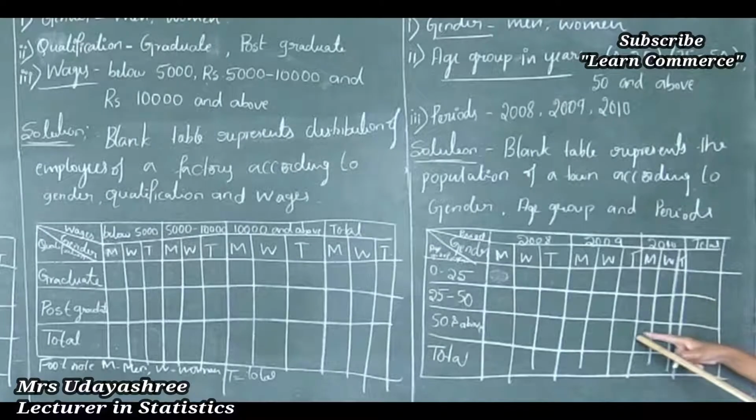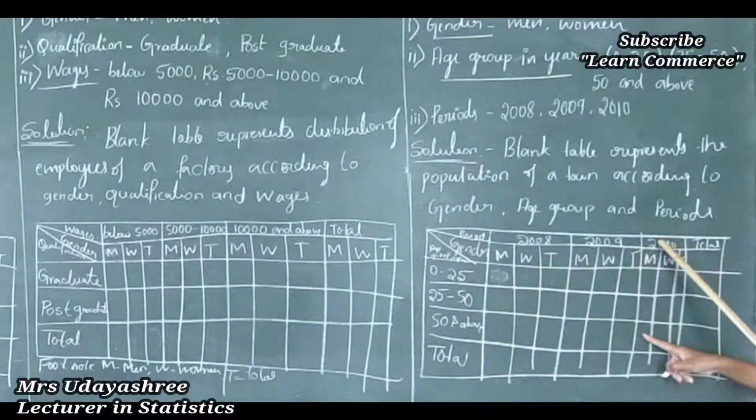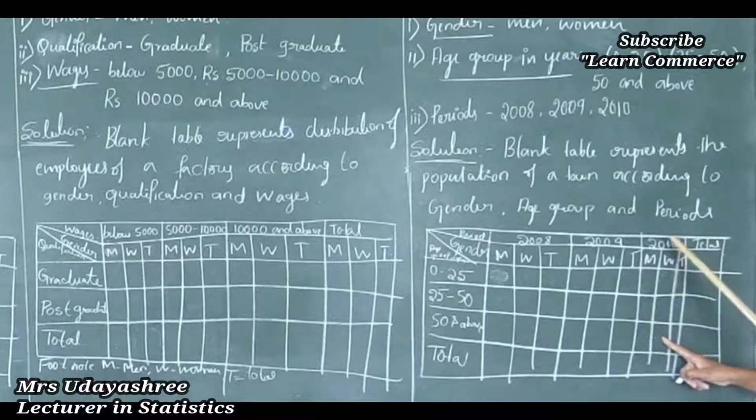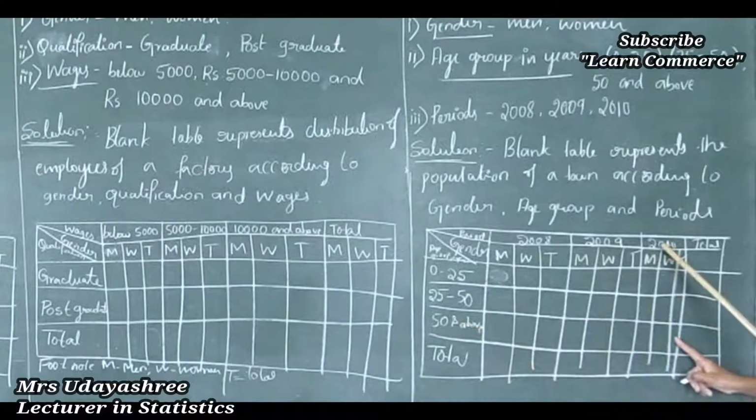Like that this column indicates the men population in the age group 50 and above in the year 2010. This column indicates the women population in the age group 50 and above in the year 2010. Like that this column indicates the total number of population, the age group 50 and above in the year 2010.